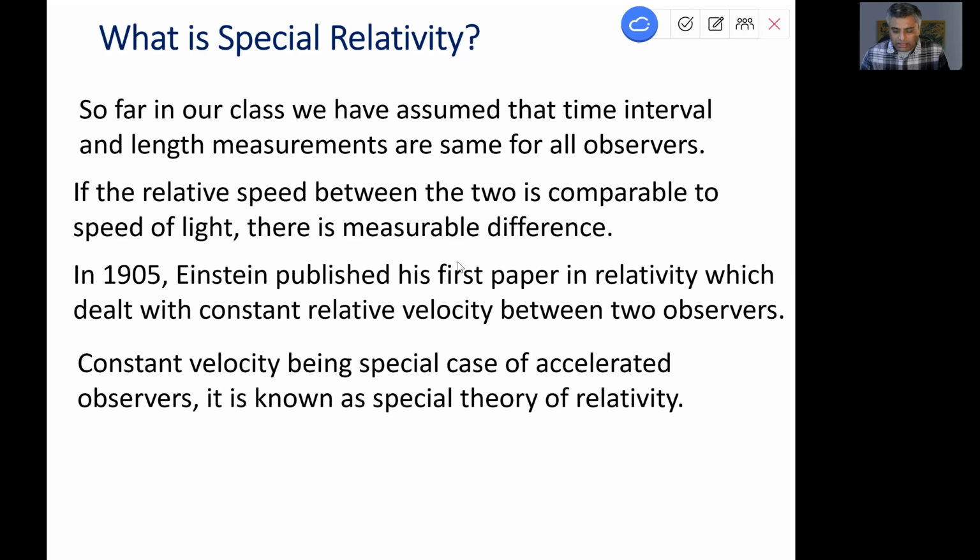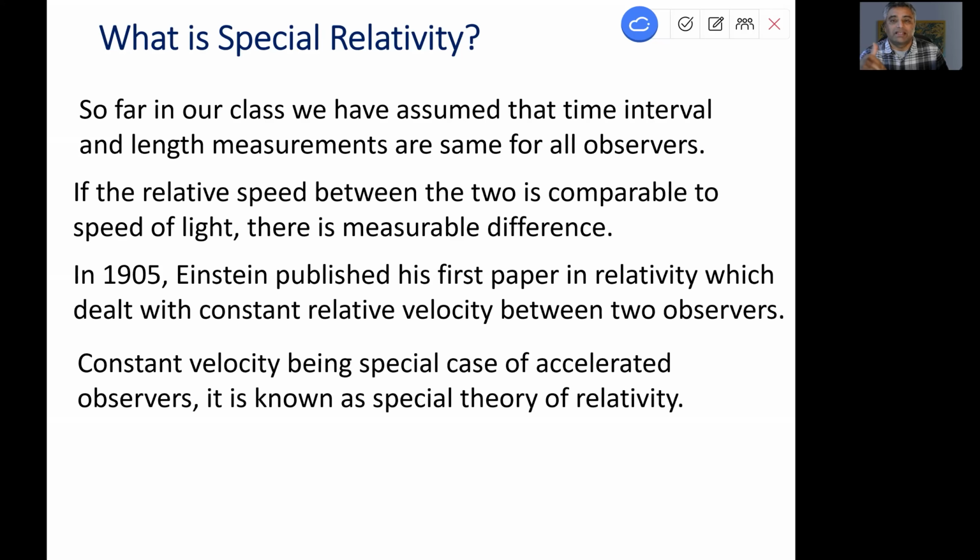So I'll just let you read this one here. What happens is constant velocity is a special case of acceleration. When things are accelerating, we know that means the velocity is changing. So if velocity is not changing, we call it constant velocity.